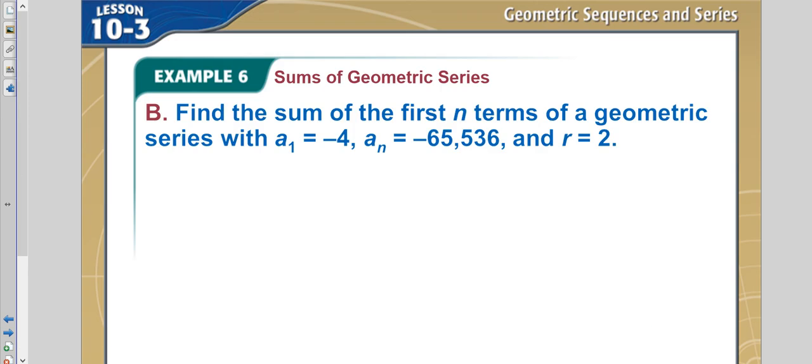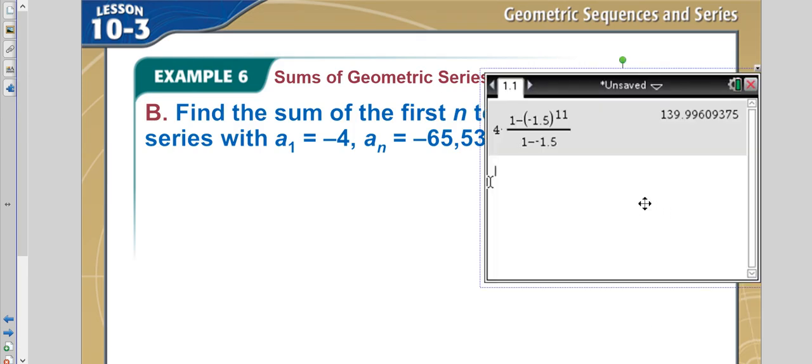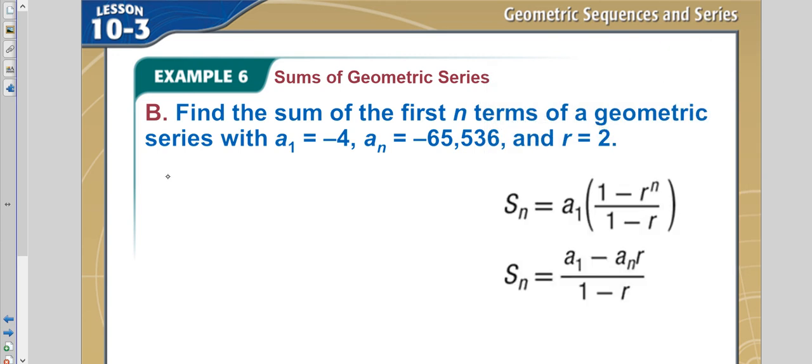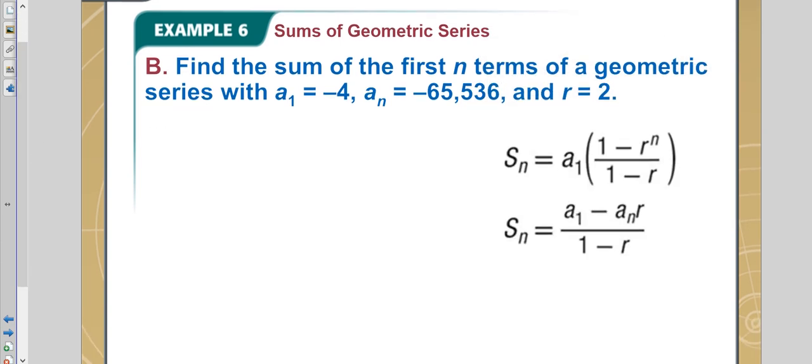All right. Let's try this one. All right, fixed it. Now here again on my formulas, it says find the sum of the first n terms. Now I don't know what n is, but I do know the first term, I know the last term, and I know the rate. So I'm going to choose the second value.